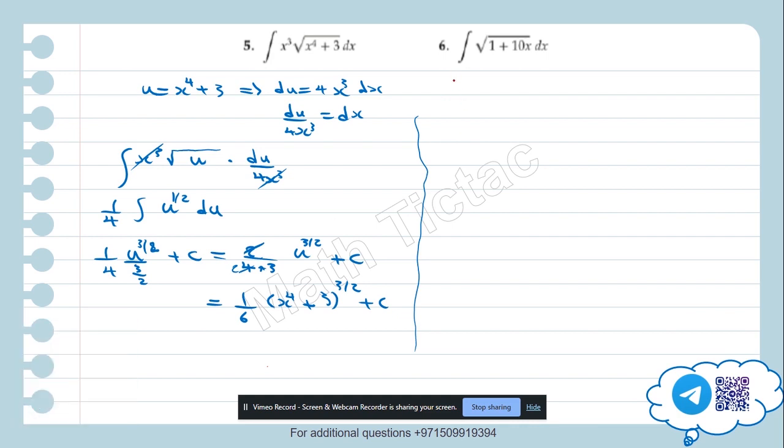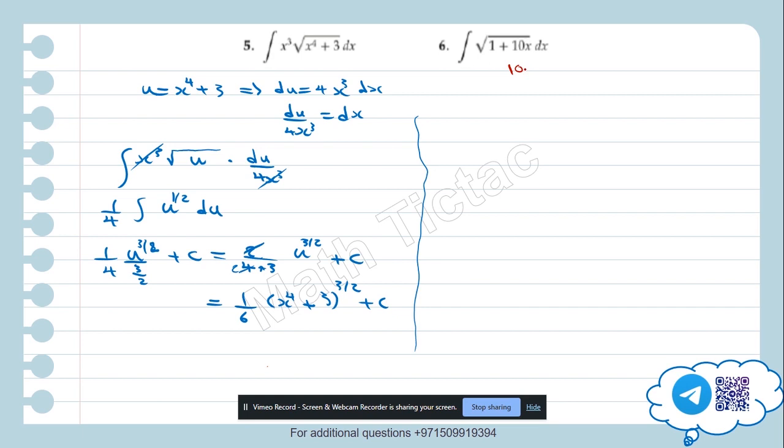Okay, so in here, let's say we have question 6: the integration of the square root of 1 plus 10x, dx. Now the derivative of the expression inside is: the derivative of 1 is 0, then plus 10x, whose derivative is 10 only.